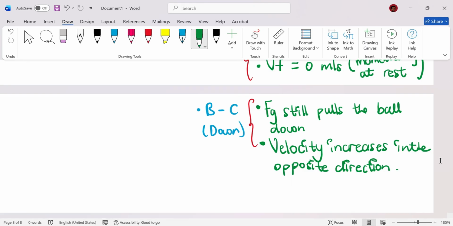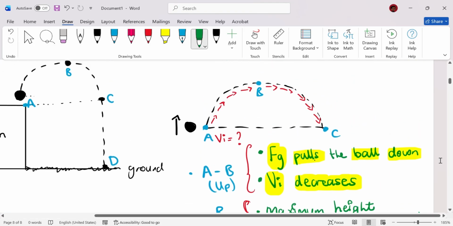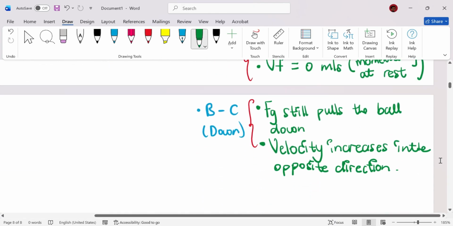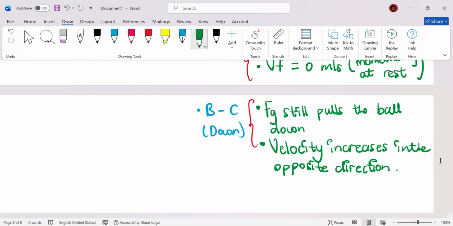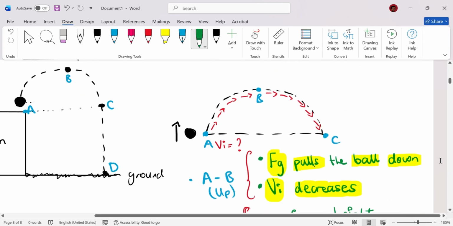That is when the ball is obeying the gravitational pull. Remember from A to B, what was happening? The ball was resisting the gravitational pull. But from B to C, the ball started to obey the gravitational pull and it then came downwards. So that is a very important point you must understand.